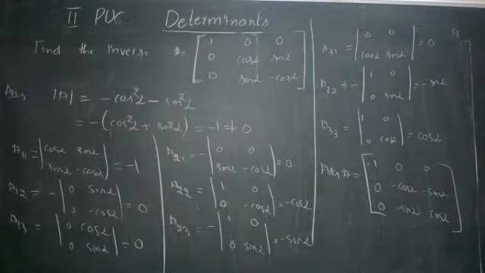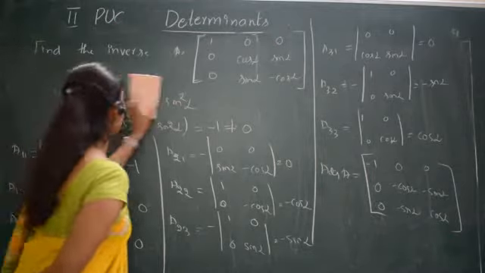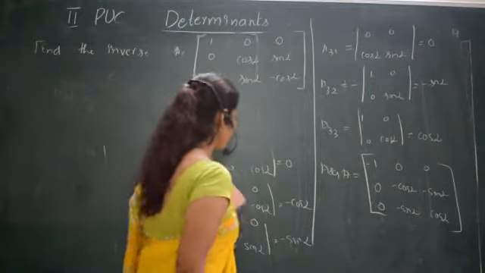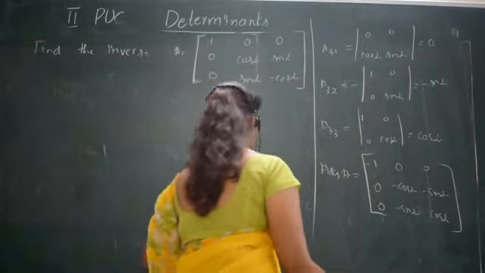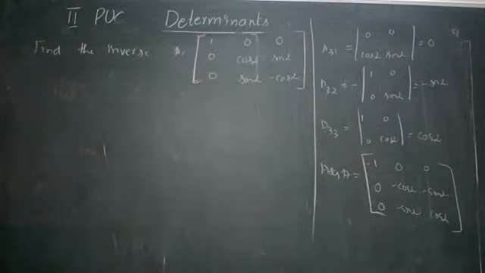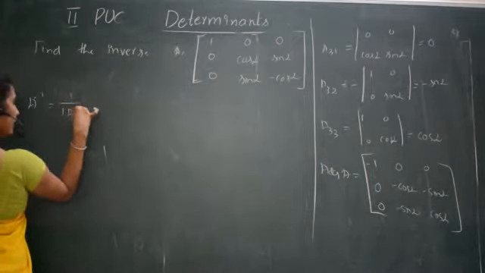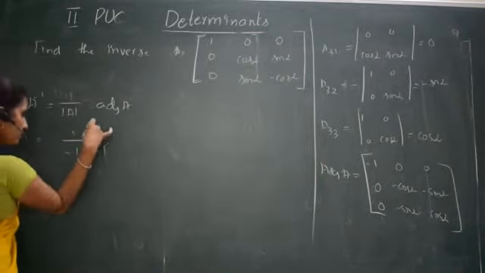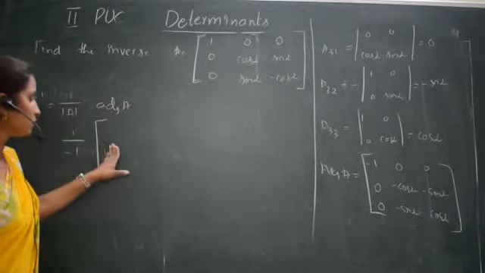Then we have to calculate the value of the inverse. Determinant of A we got is minus 1. So A inverse is equal to 1 by determinant of A into adjoint of A. So this is 1 by minus 1 into adjoint of A. So what is adjoint of A?